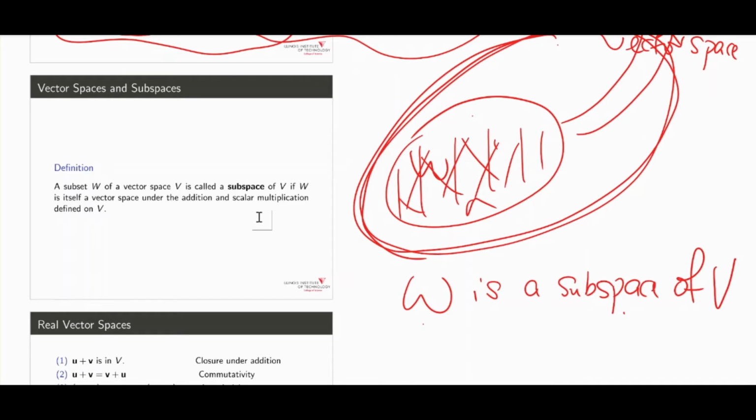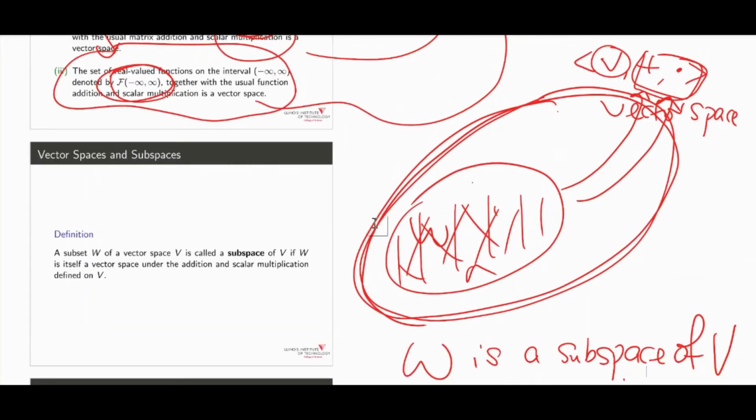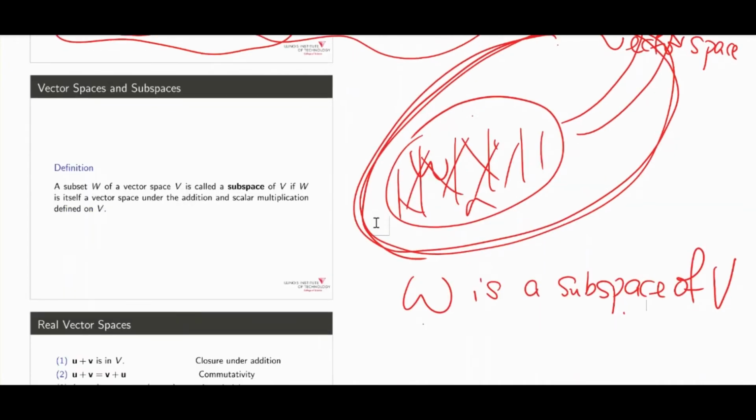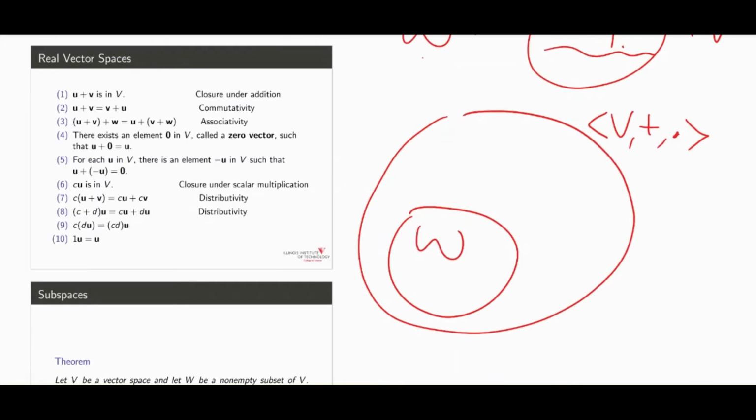So when you say W is a subspace of V, it means that W by itself is a legit vector space. It is a vector space, but because it is sitting inside V, we say that it is a subspace of V. So if you recall from section 4.1, in order to verify that W together with these operations is a vector space, you would have to make sure that all the elements in W also satisfy all these 10 properties.